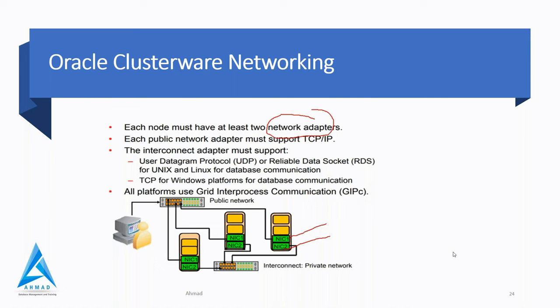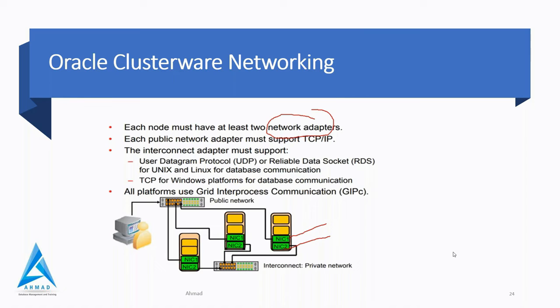Before starting the installation on each node, you must have at least two interfaces to configure public and private IP addresses. But you can configure IP addresses with one of the following options.